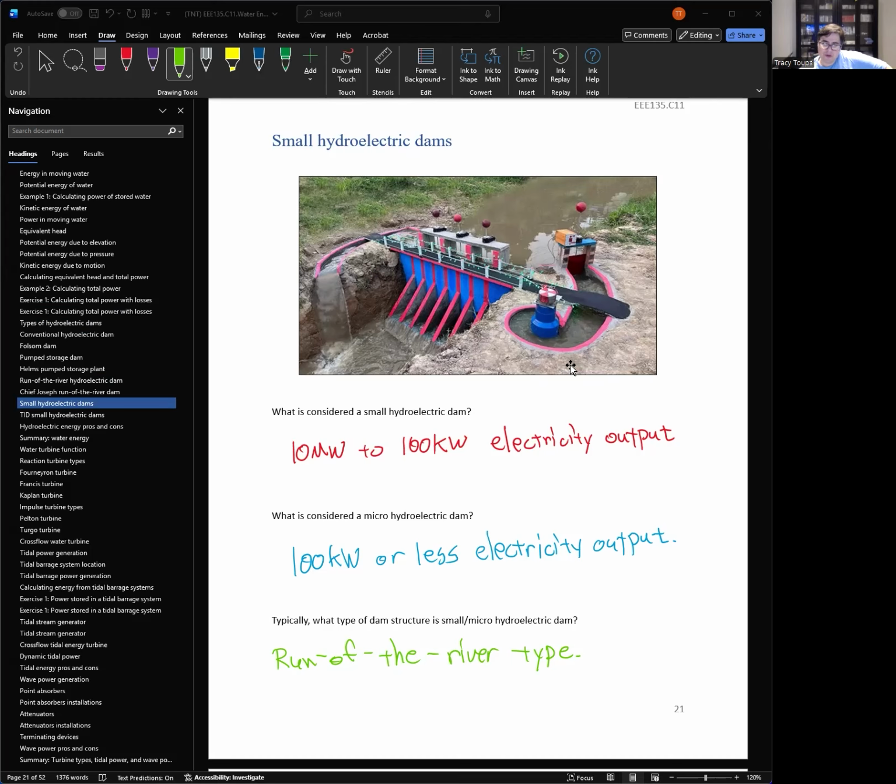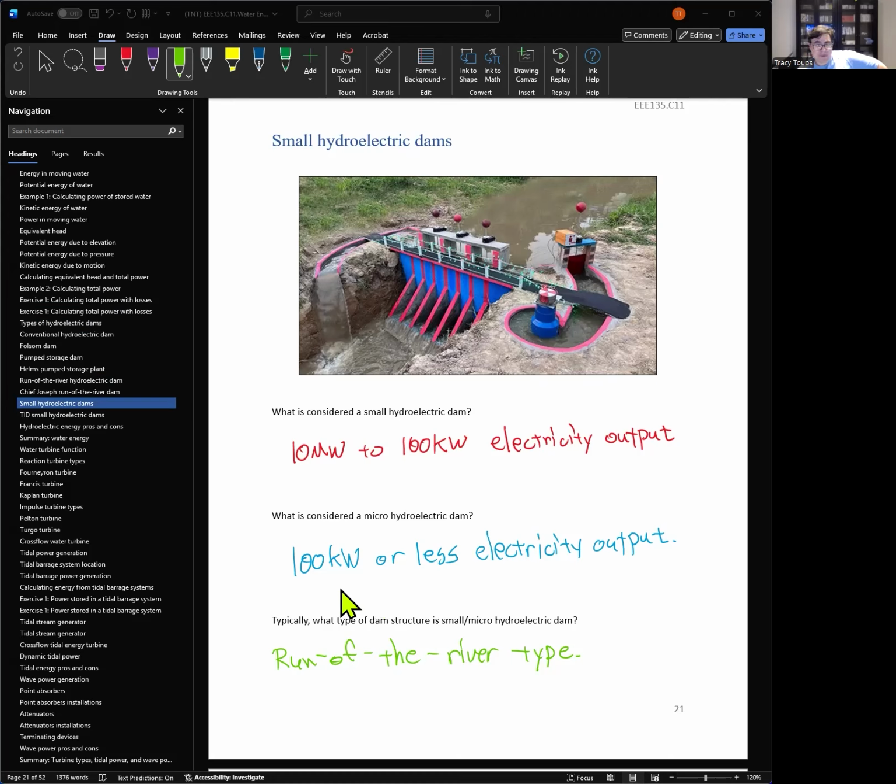So, the last type we want to look at is a small hydroelectric dam. Okay, so these are much like mini versions of the regular dams, where a small hydroelectric dam is from 10 megawatts down to 100 kW. And then a micro dam is 100 kW or less. Now remember, 2 kW is about the size of a household usage.